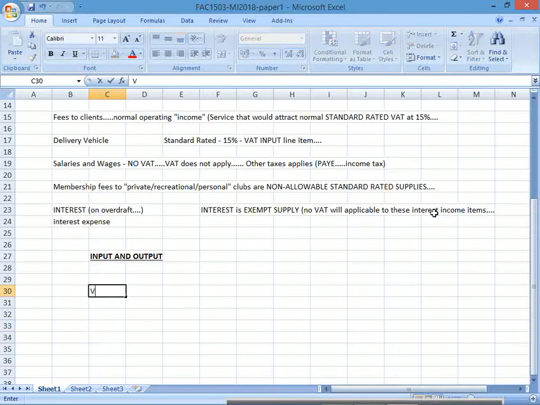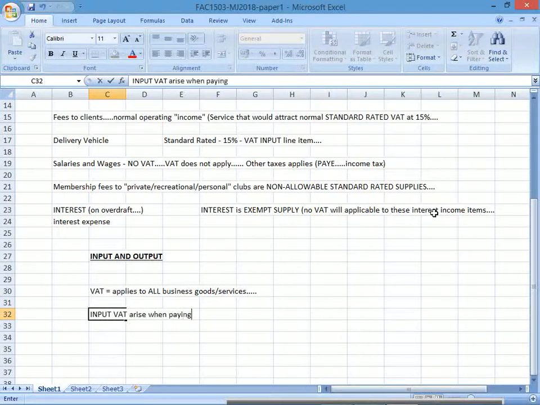Okay, VAT applies to all business, goods, and services. Input VAT arises when paying for or buying items.